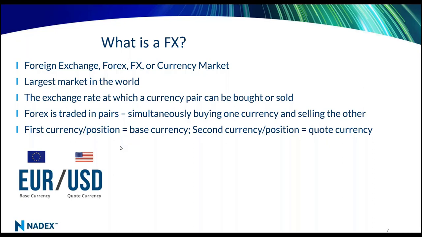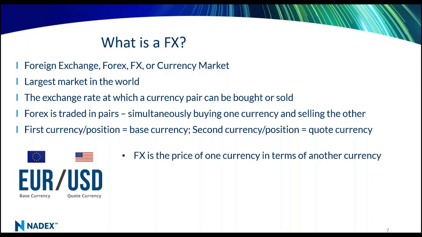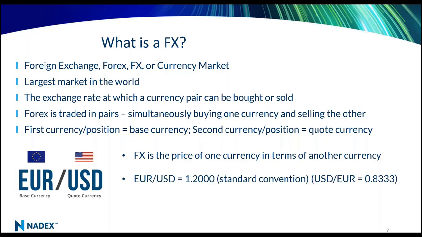There are standard conventions on how currencies are quoted, and they are just conventions. FX is the price at which you can buy the first currency in terms of the second. So when you look at euro US dollar, what you're really asking is how many US dollars does it take to buy 1 euro?